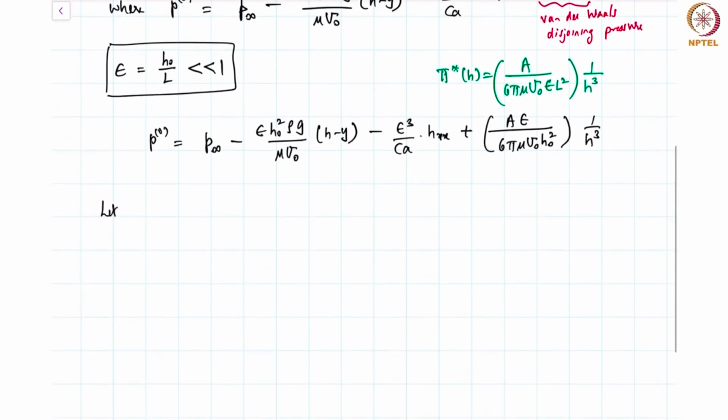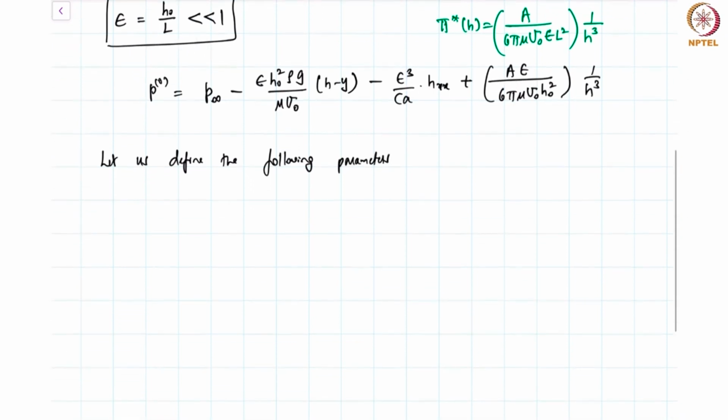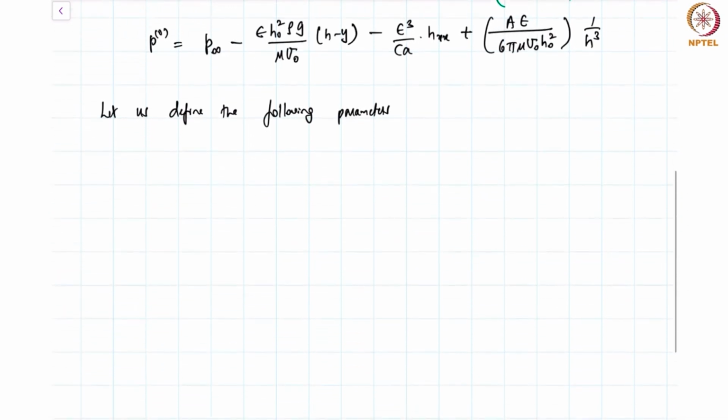So let us define the following parameters. These parameters will help us to write this equation in a simpler compact form. We'll define a gravity parameter, which is epsilon times G, where this G is rho G H naught square by mu U naught.